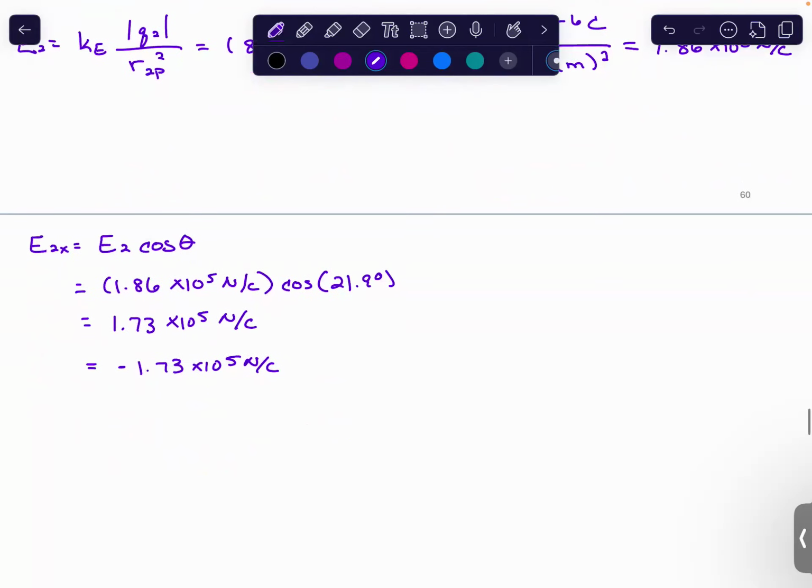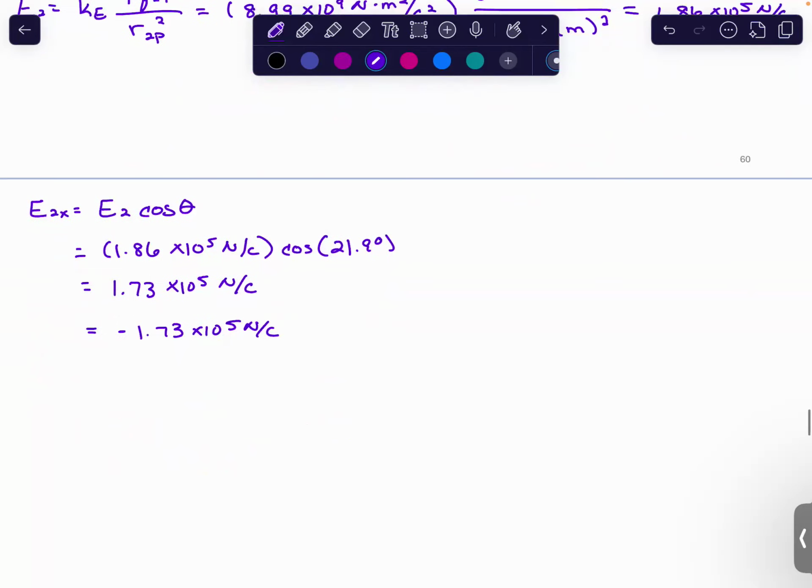Okay, E2Y. And again, the great thing is, if you already know which trig functions each one's going to take, great. But if you find E2X is cosine, then E2Y automatically has to be sine.